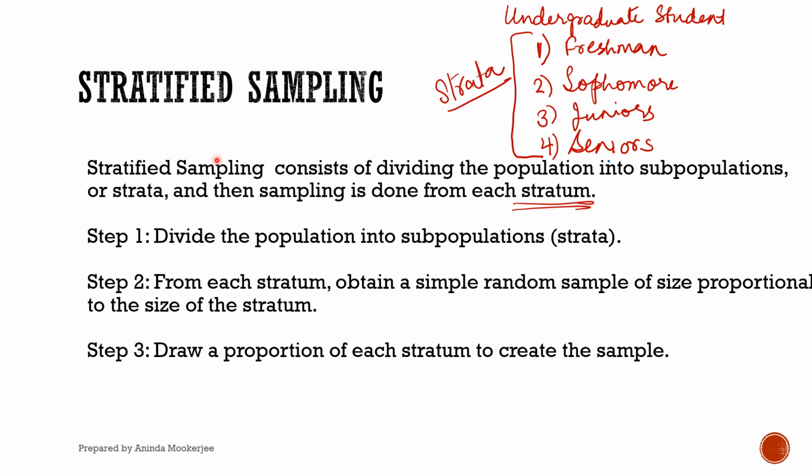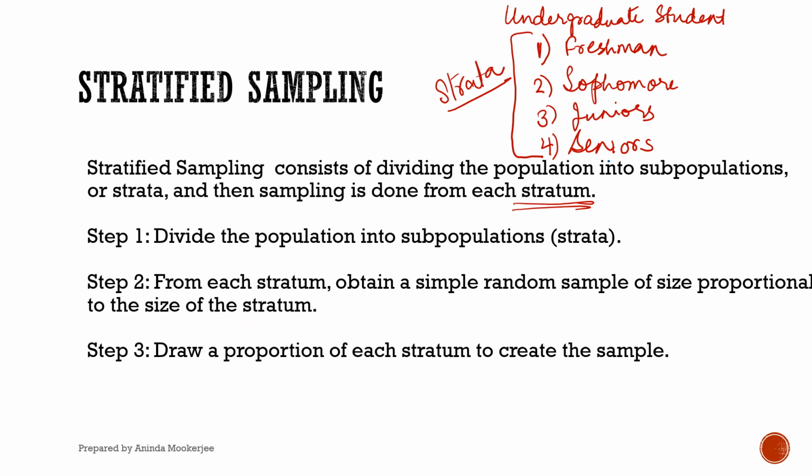Step one is to divide the population into subpopulations, and step two is we will obtain a simple random sample of size proportional to the size of the stratum.